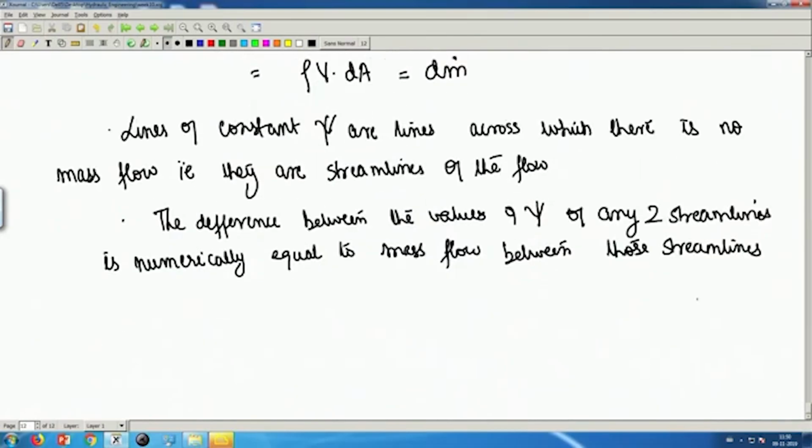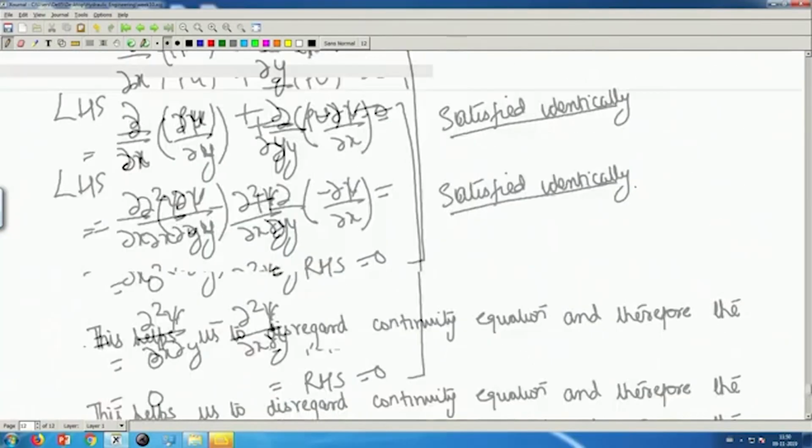So these are the two physical significances of stream function: the lines of constant psi are lines across which there is no mass flow, and the difference between the values of psi across any two streamlines is numerically equal to the mass flow between those two streamlines. So this concludes our continuity equation.